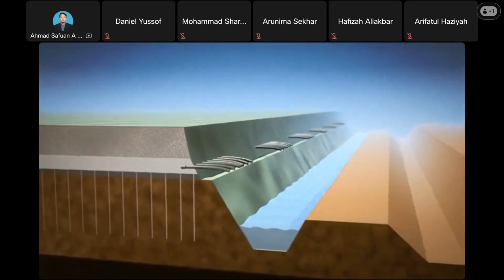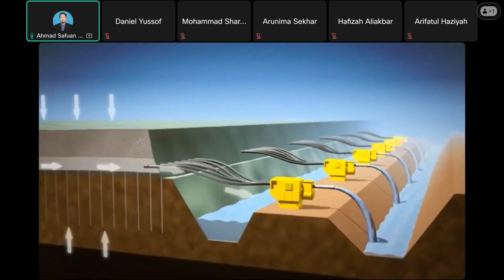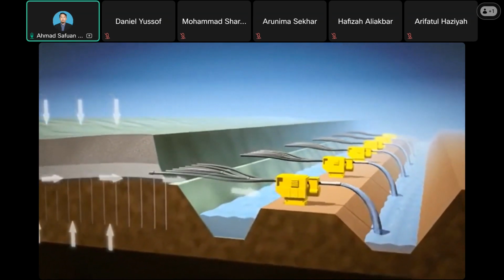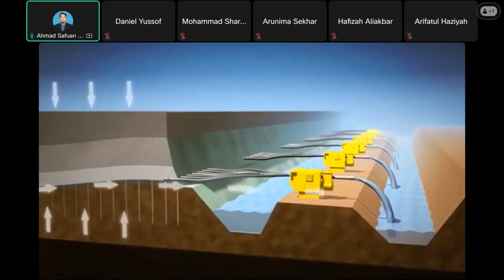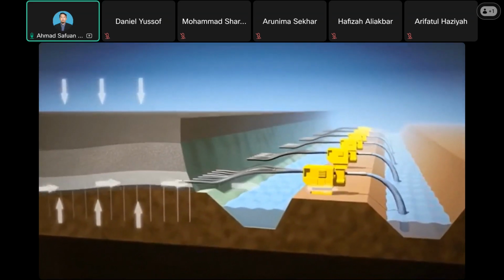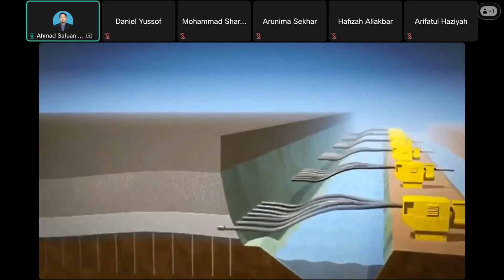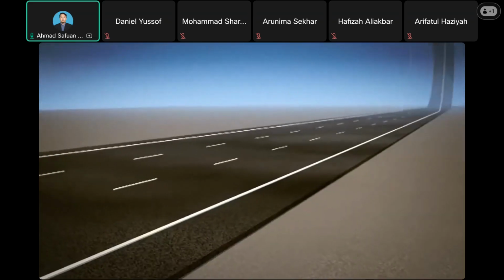Then they lay the geomembrane to make the area airtight.